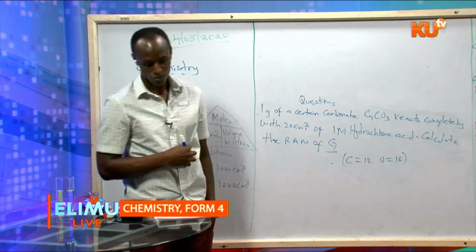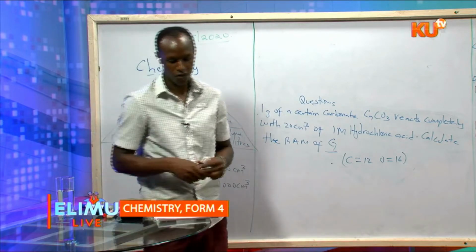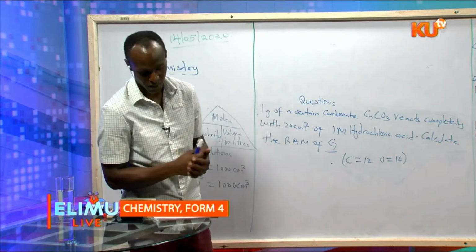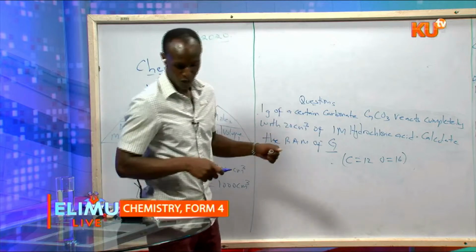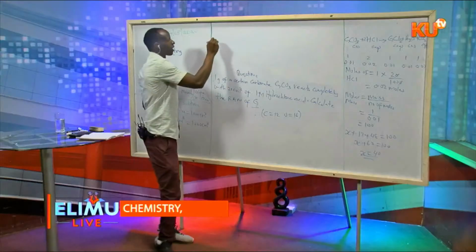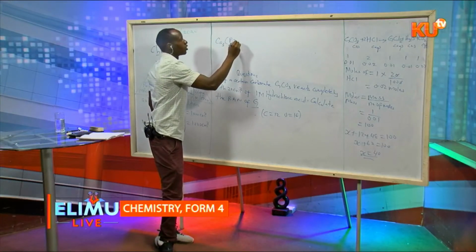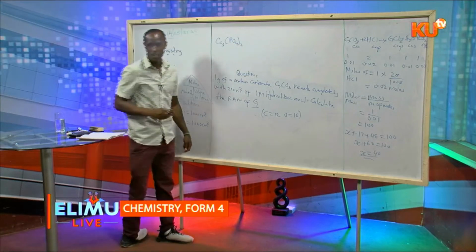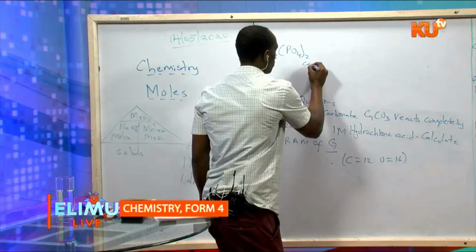Question 2. Phosphoric acid is manufactured from calcium phosphate according to the following equation. So in this question, you are lucky, at least you have been given the chemical equation, which will help you to get the ratio.